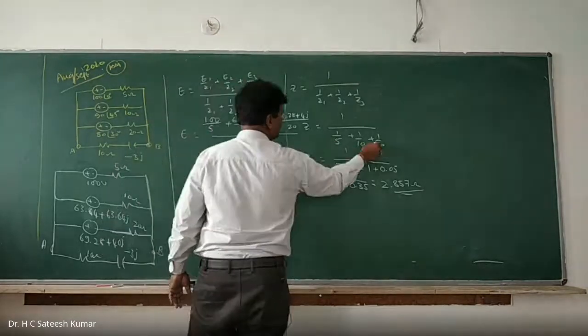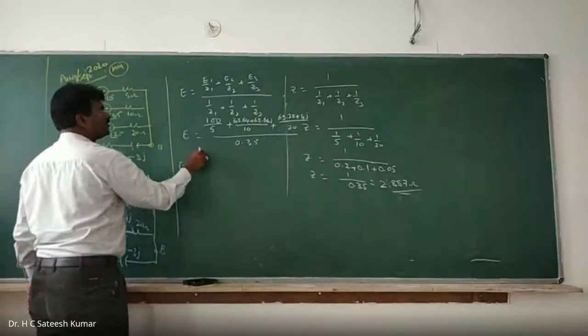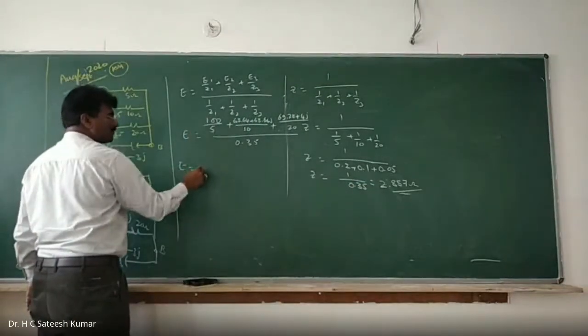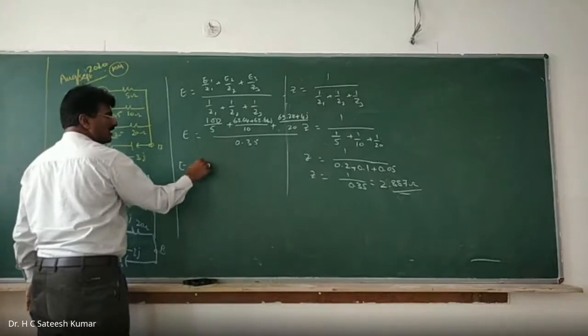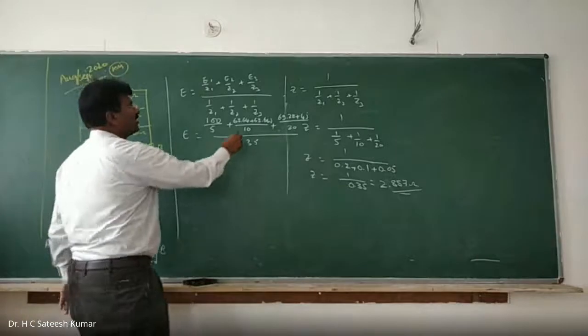This value is 0.35 only. Okay, right. E is equal to 20.